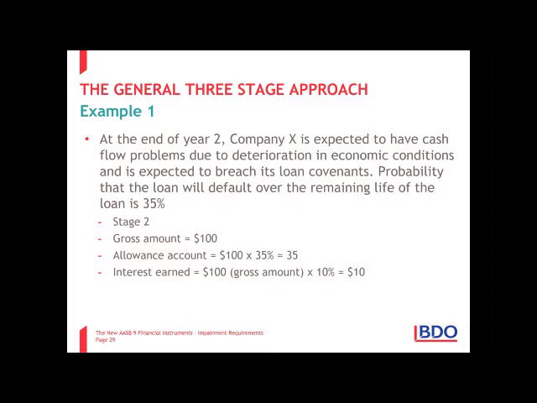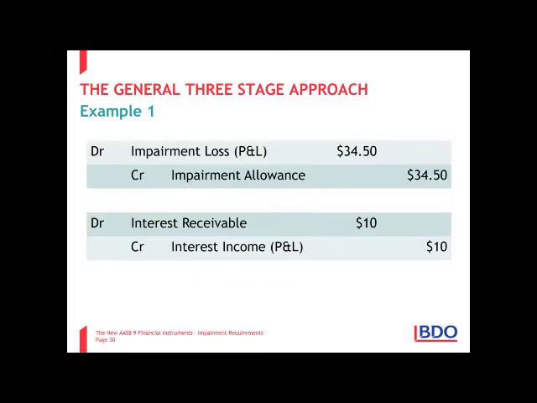Because this receivable has now moved into stage 2. There's been a significant increase in the credit risk due to the change in economic conditions. The gross amount of this receivable is still 100. Your allowance account now has to go up to 35% of the 100, and your interest earned is still on a gross amount, so your interest earned would still be your $10.